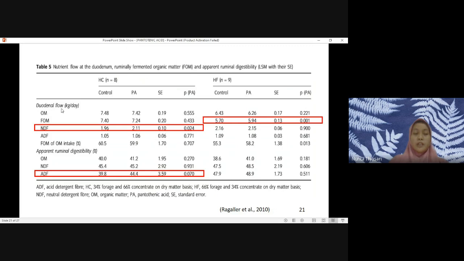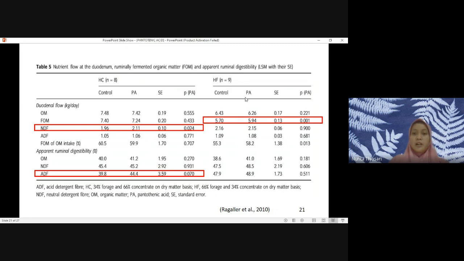The duodenal flow of the neutral detergent fiber is increased with the addition of pantothenic acid in the high concentrate diet, but it doesn't have an effect on the high forage diet.